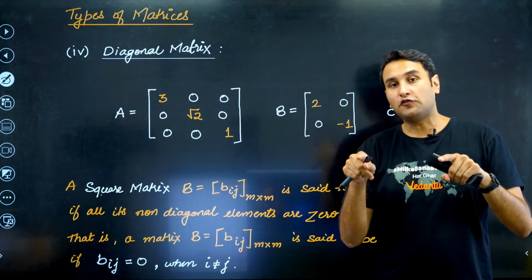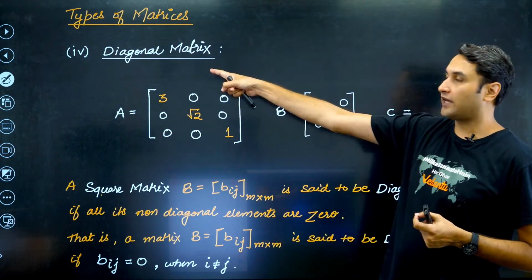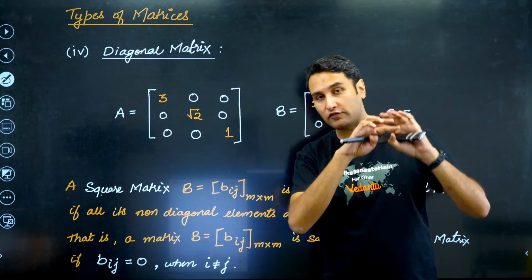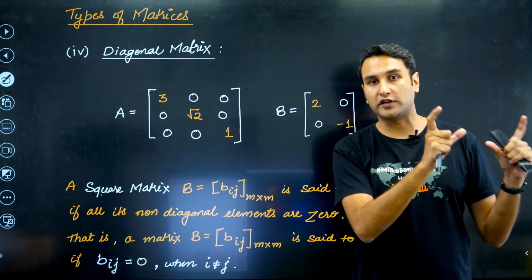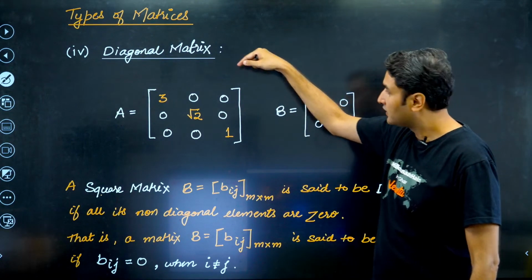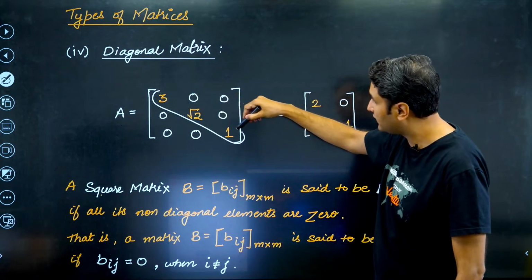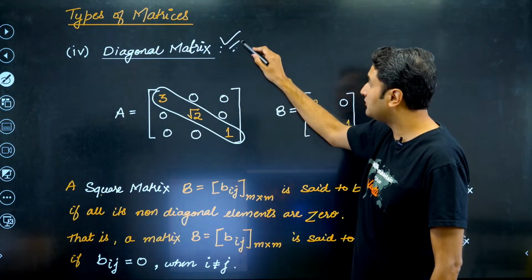Now, if all the elements other than the diagonal are 0, we call it a diagonal matrix. Everything that I am going to define now is true for square matrices only. So in a square matrix, this is the diagonal. If all the elements other than the diagonal are 0, we call it a diagonal matrix.